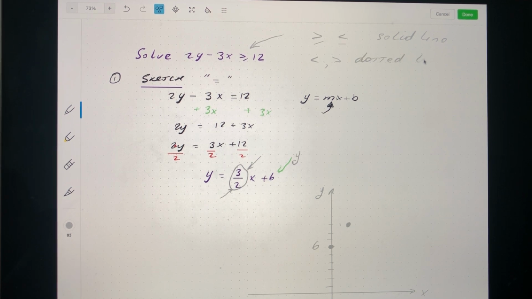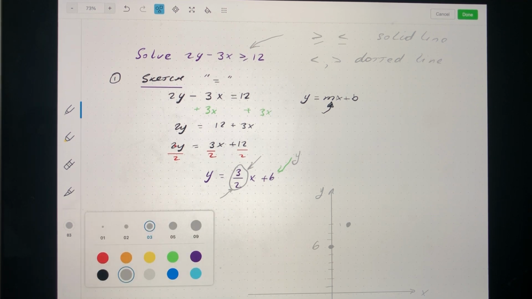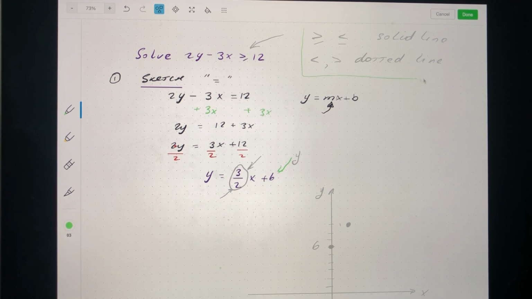And that means the points on our straight line would not be included in our solution. But in our case, we do have an equal sign, so we connect with a solid line. So here is a solid line, roughly going through these two dots. It's a bit of a curve, but that's the idea.